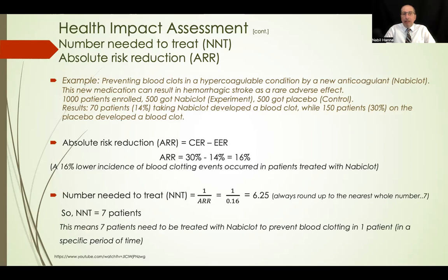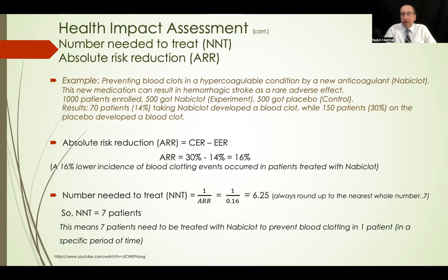The number needed to treat is the reciprocal of the absolute risk reduction. So mathematically, here is how we calculate it. It's 1 over absolute risk reduction. The absolute risk reduction is 16%. So the number needed to treat will be 1 divided by 0.16, which is 6.25.